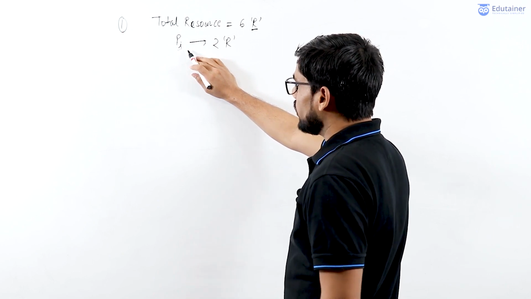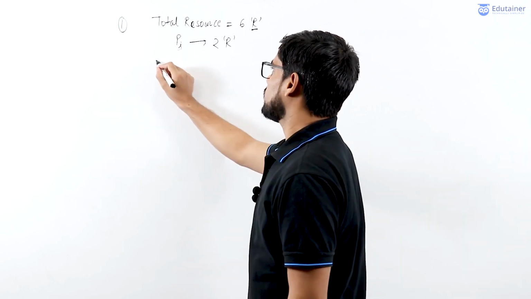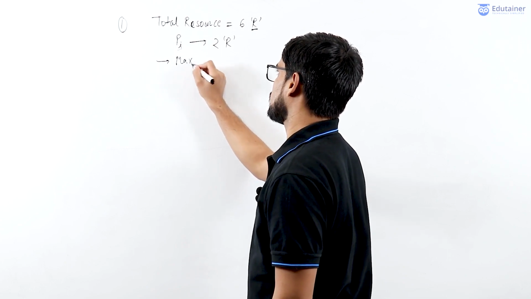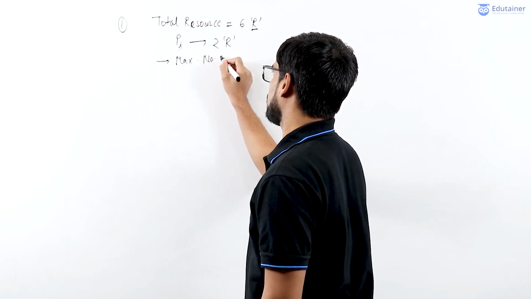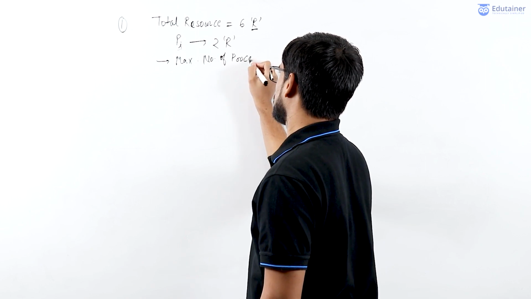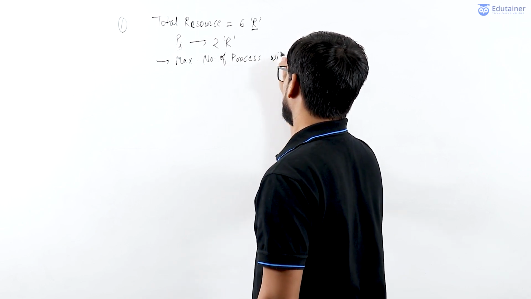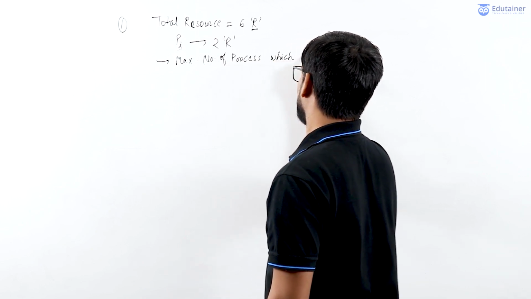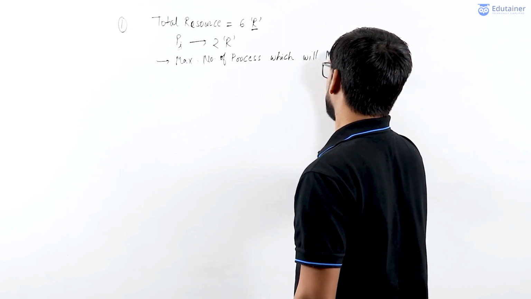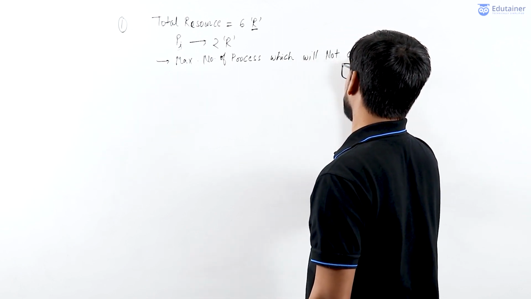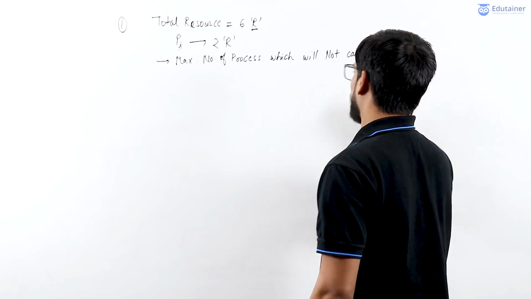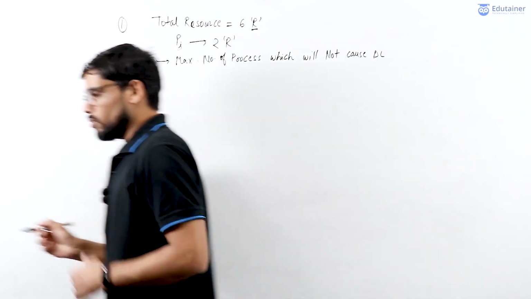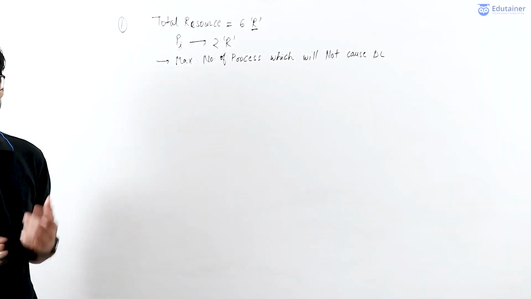So we need to find the maximum number of processes which will not cause deadlock.